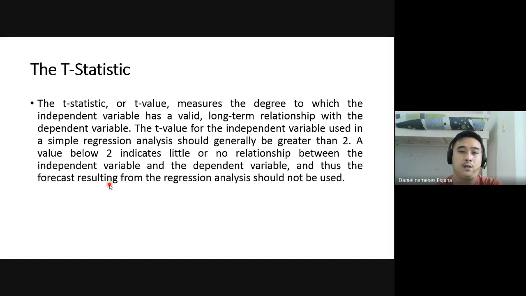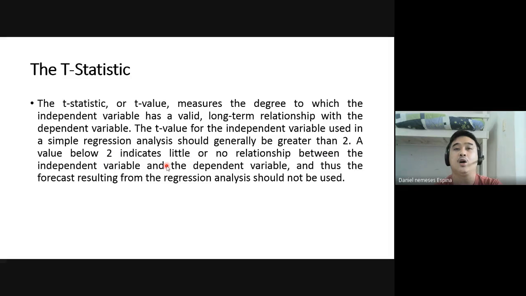Kung sa siya ka-credible. So the t-value for the independent variable used in the simple regression should generally be greater than 2. Okay, so take note, greater than 2. So it means that the independent variable can generally explain the dependent variable.